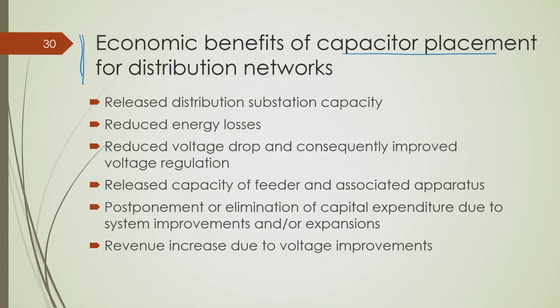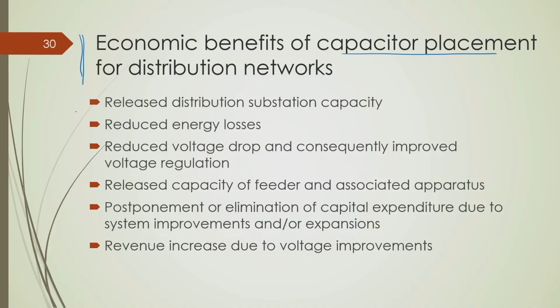The same thing is applicable for other components. If generator capacity is released, so is the capacity of the transmission line, the sub transmission line, and the substation. This is a hierarchical process, and all are sequential blocks of this power flow. So, due to this capacitor placement, we get released substation capacity, and we get reduced energy loss. This is already explained, because power loss is reduced, so is the energy loss.